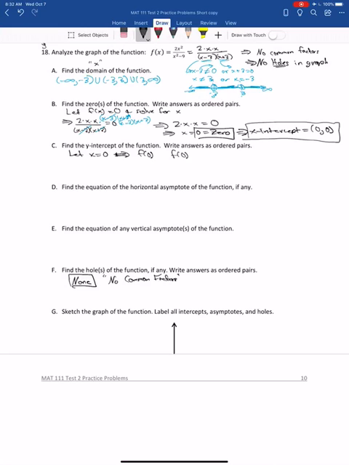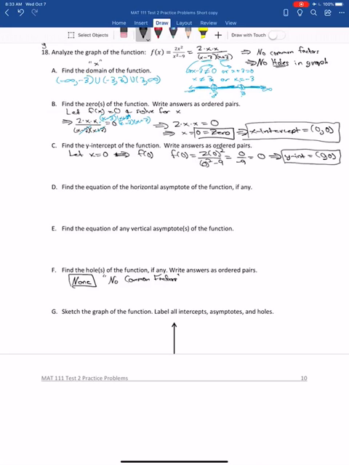So f of 0 is equal to 2 times 0 squared divided by 0 squared minus 9. As we simplify, we get 0 divided by negative 9, which is 0. So our y-intercept, as we knew, would be the ordered pair (0, 0). So if the x-intercept is at the origin, of course, that's where the y-axis also intersects.